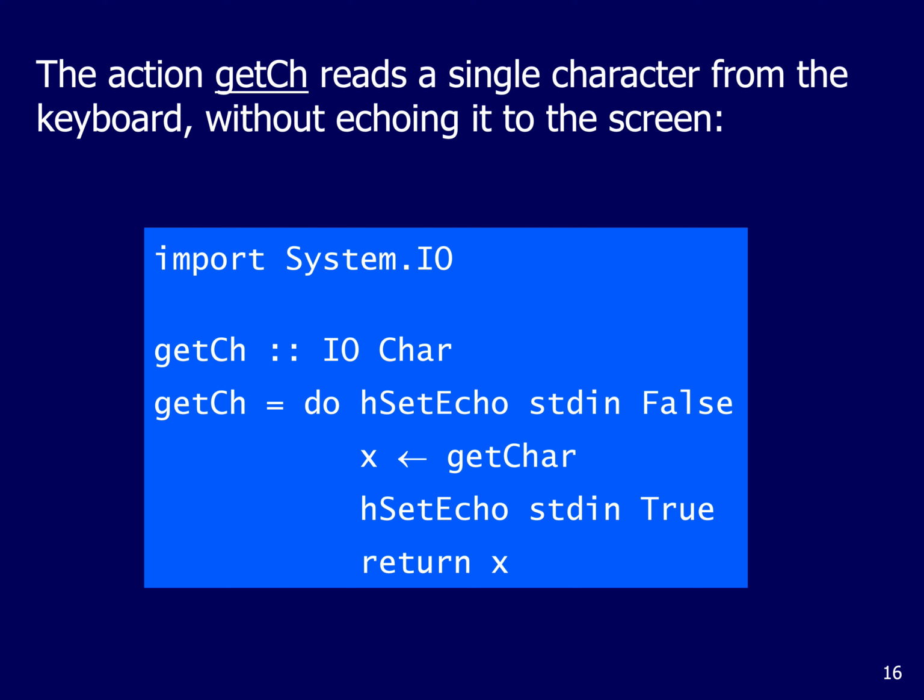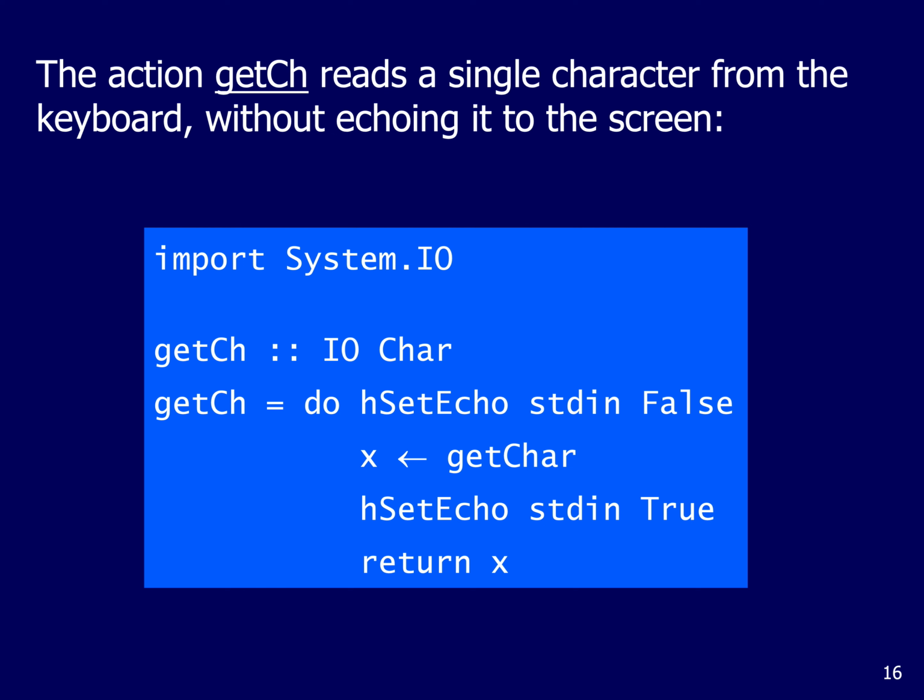So in the blue box, first of all, we're importing a library called System.IO, because I need a primitive from that library, which we're going to be using below. And then we're defining getCh. getCh is an action because we have the IO tag, and it's going to return a character, so it has type IO of Char.